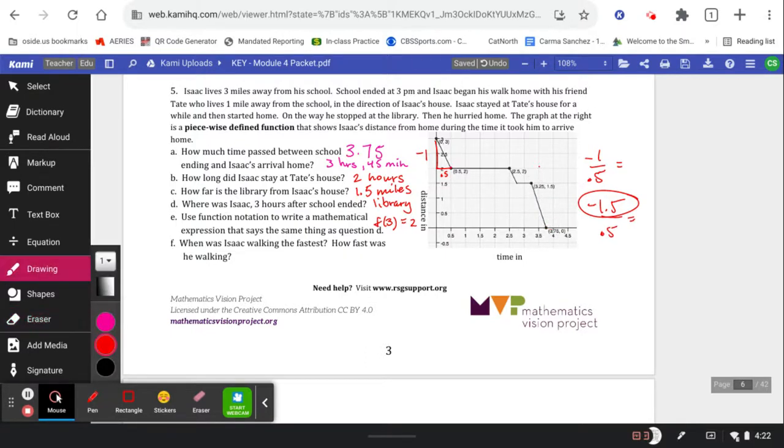So when was he walking his fastest? That's when he was walking from the library to his house. And that's from 3.25 to 3.7. Actually, I'm going to write this in interval notation.